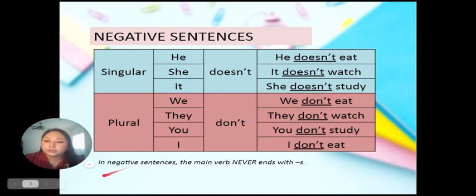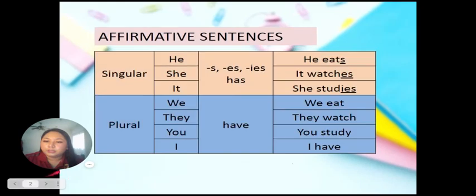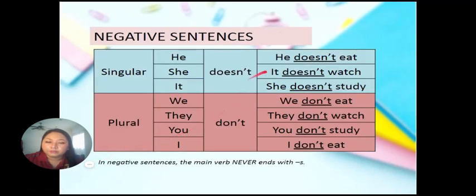Okay. So there's one tip that you can remember. Singular, bila satu dia mesti ada S. Bila dia satu, dia ada S. Sama ada S, ES ataupun IES. Bila dia banyak, plural, lebih dari satu, tidak ada S. Okay. Sama juga dengan negative.